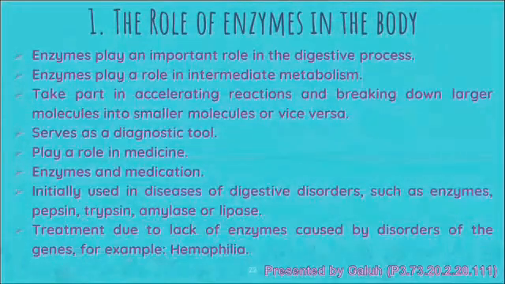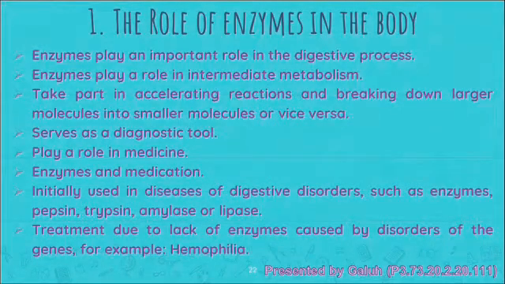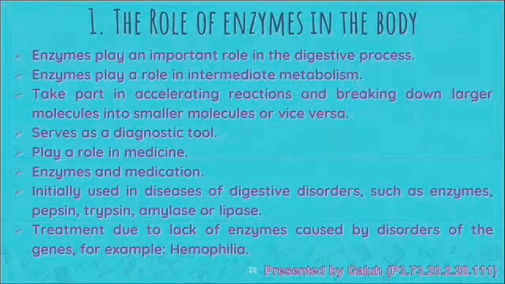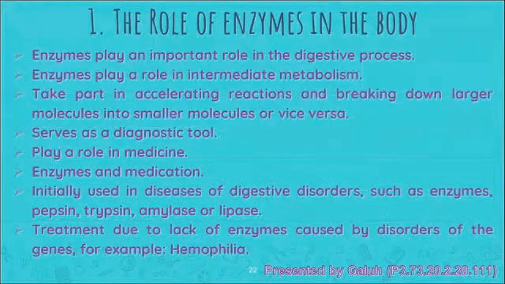Number 1. The role of enzymes in the body. First, enzymes play an important role in the digestive process. Number 2. Enzymes play a role in intermediate metabolism. Number 3. Take part in accelerating reactions and breaking down large molecules into smaller molecules or vice versa. Number 4. Serves as a diagnostic tool. Number 5. Play a role in medicine.